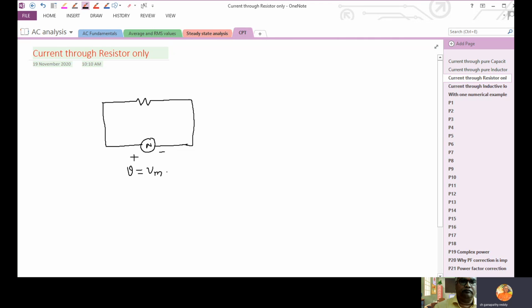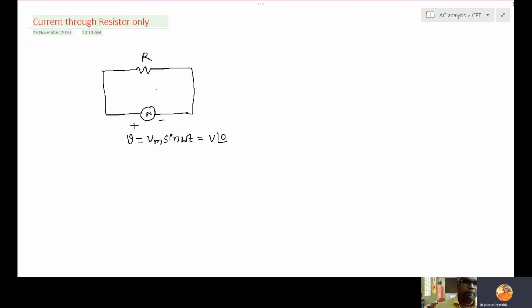V equal to Vm sin omega t, that is V of angle 0, with resistor R and current I. So i(t) is equal to V by R, which is nothing but Vm by R sin omega t.